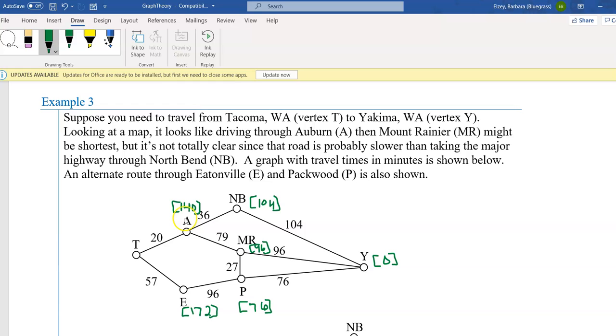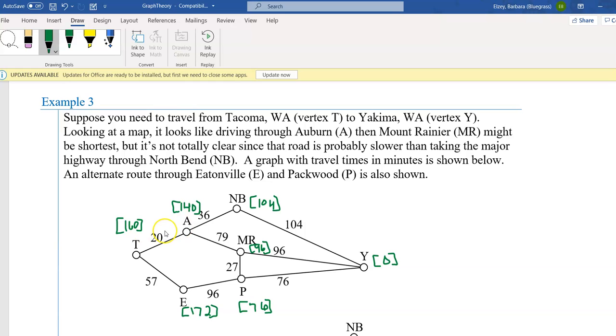All right, now, if we work our way back to T, there are two pathways backward to T. There's a 20 and a 57. The shorter one, and we have to think of adding these to what they're coming from. 140 would make this 160. If we add 57, though, certainly that's going to be bigger than 160. So the shorter route is going to end up being this one that adds up to 160.